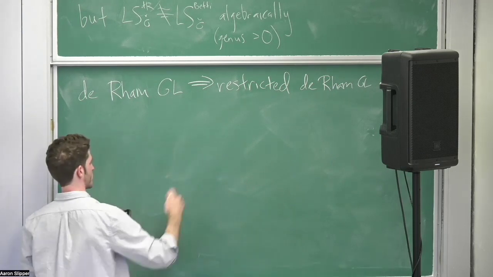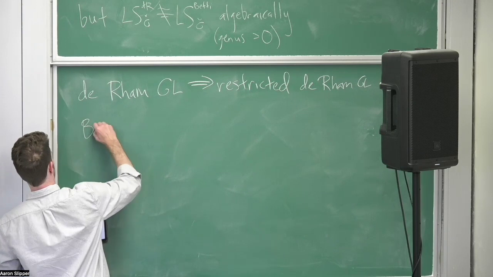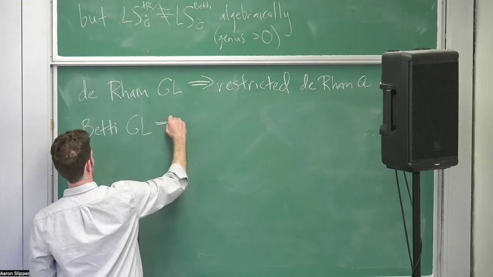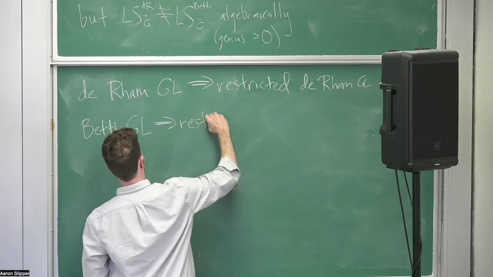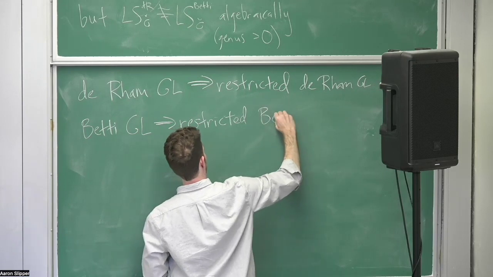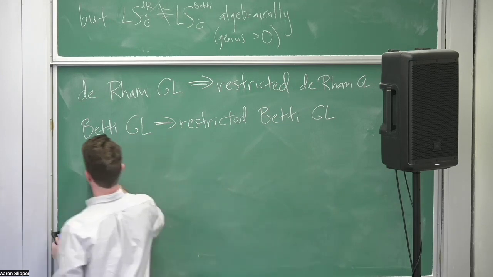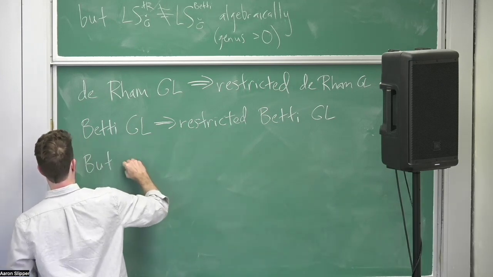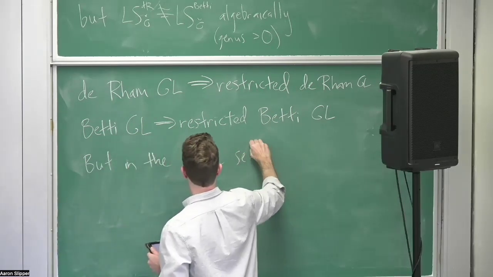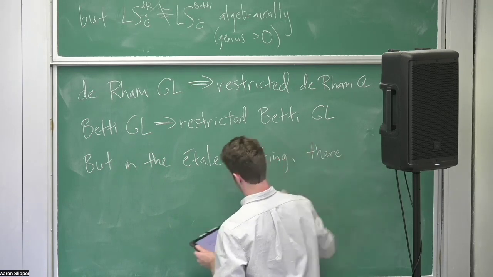So there'll be a restricted version of the de Rham geometric Langlands that follows from the full version for relatively straightforward reasons, and likewise in the Betti setting. But in the étale setting, restricted is all we have, as far as we know.